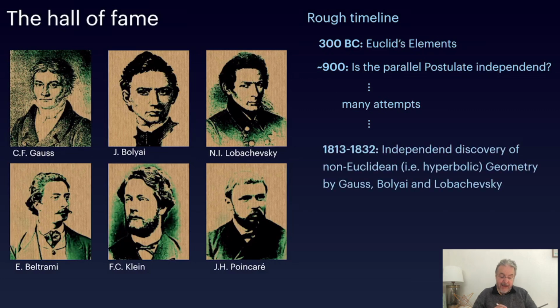And one can say between something like 1813 and 1832, these three people independently discovered that there is something like a non-Euclidean, in this case hyperbolic geometry, because you can prove hyperbolic geometry is up to isomorphism the only geometry that satisfies the first axioms but not the fifth one.